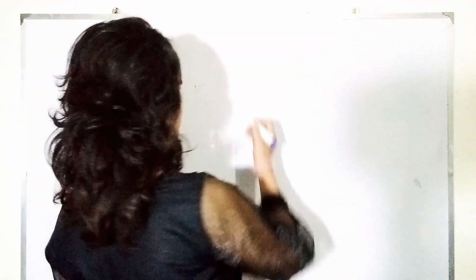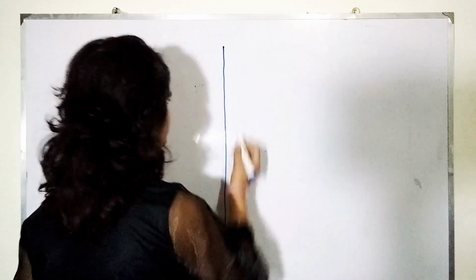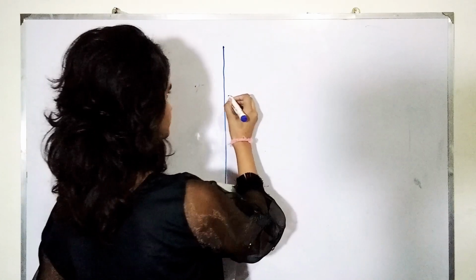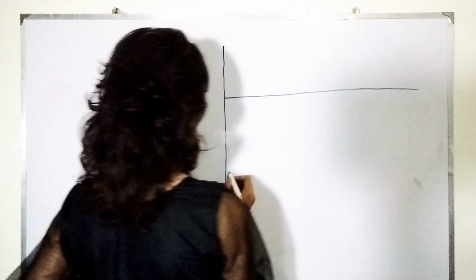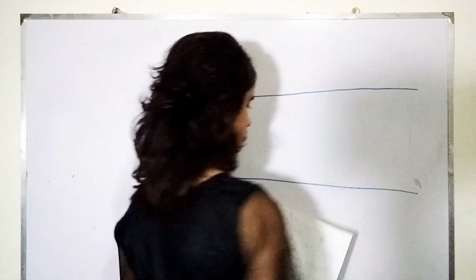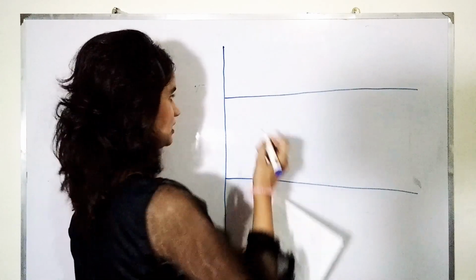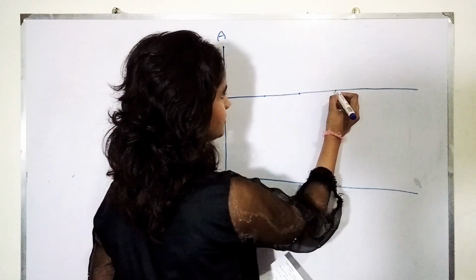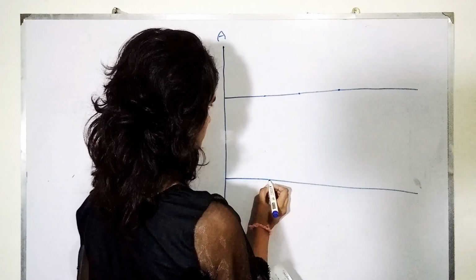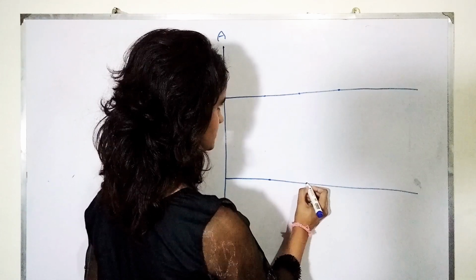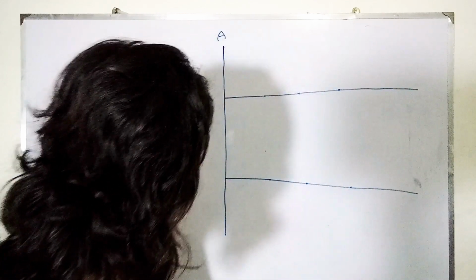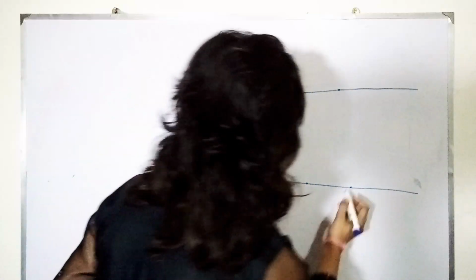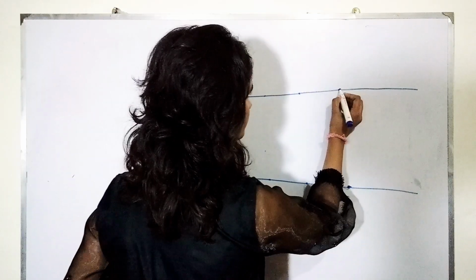Now for measuring that, I'm just going to draw. We are going to measure the nature of the secondary coil. This is point A, B, C, D. I think I just mentioned the same points.